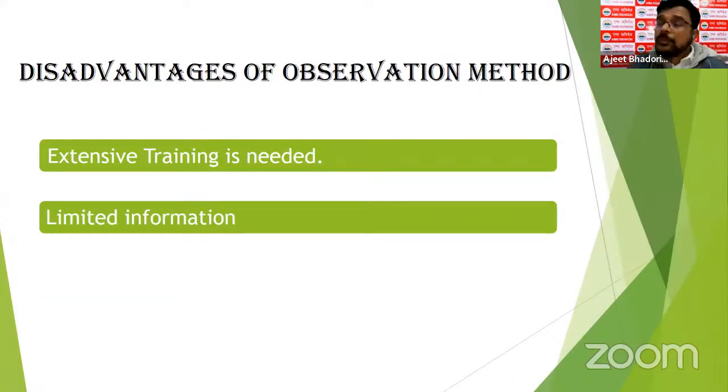But when you want people or an expert who can go and do observation, you have to do extensive training. You want different people to observe the same thing, so uniformity of information should be collected. Observation should have uniform findings. Then extensive training is required, and sometimes you get limited information if you missed out to mention that to those observers.